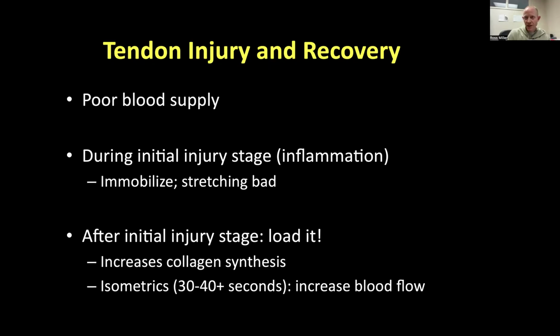Now, that activity of the tenocytes is very important because tendons have a pretty poor blood supply. They're not like cartilage, where in good health they have literally no direct connection to the circulatory system. But some tendons have more blood supply than others, and some have very, very poor blood supply.